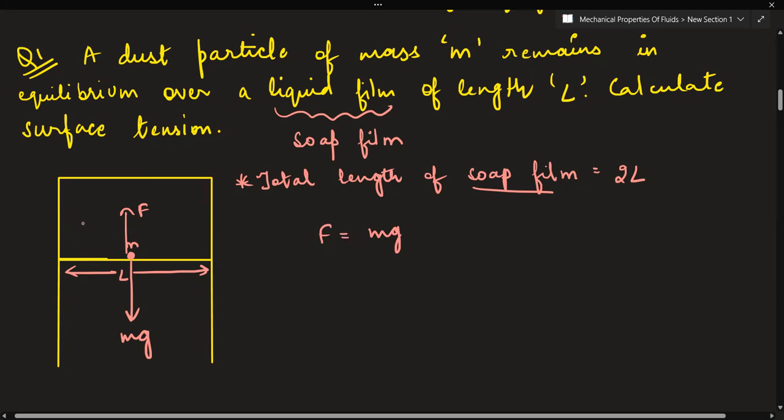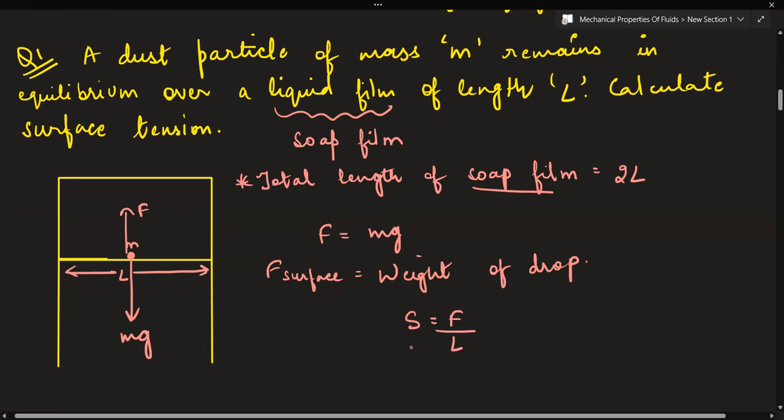We have to calculate the surface tension. The force on the free surface is equal to the weight of the drop, which is mg. What should be the formula for surface tension? Force by length, so it would be F by L.